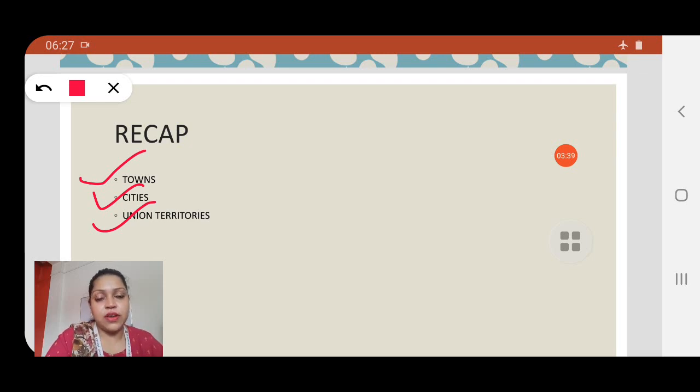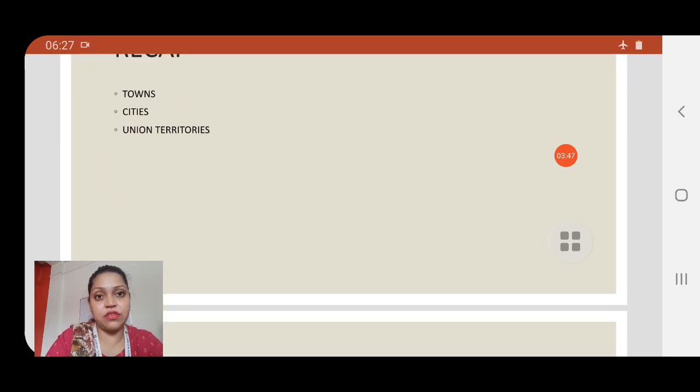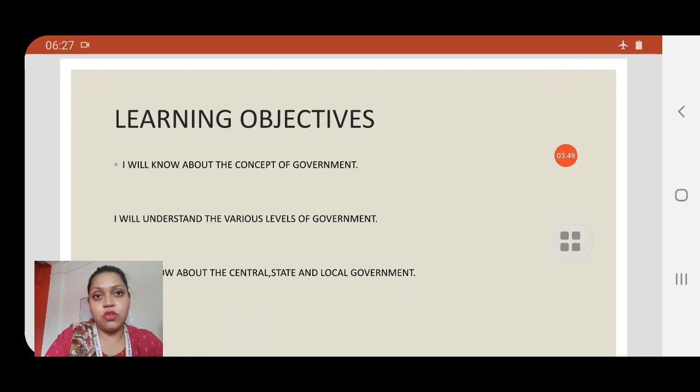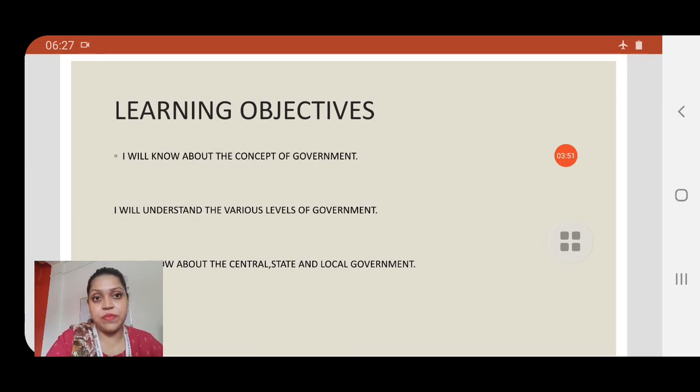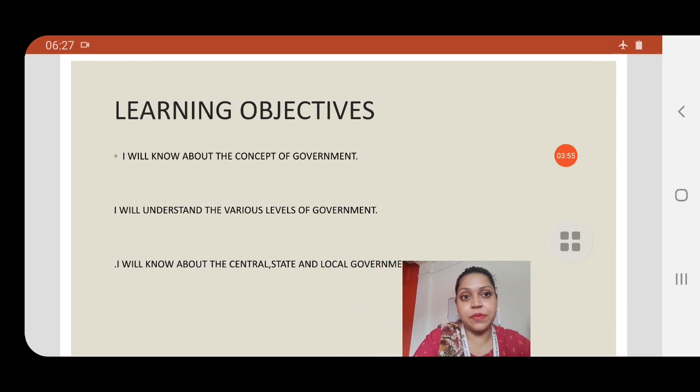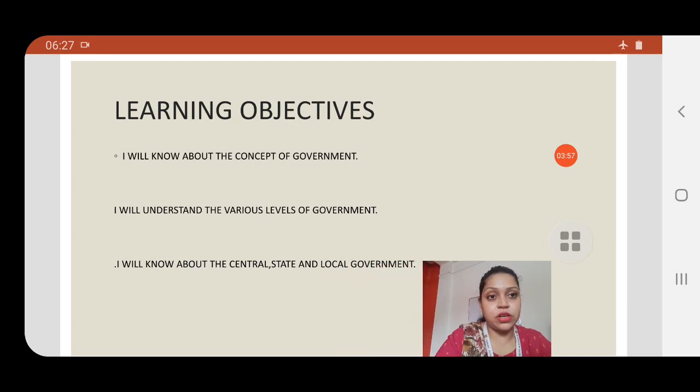So children, now let's proceed with our next topic. What we'll study today are our learning objectives. Number 1, I'll know about the concept of government. Today, the very important concept of government will be covered by us.